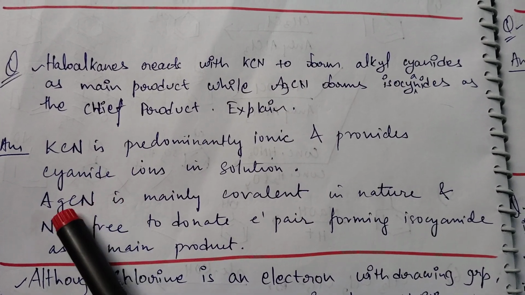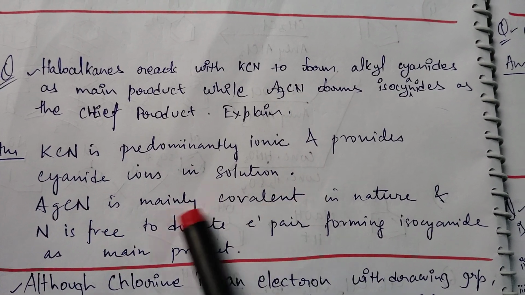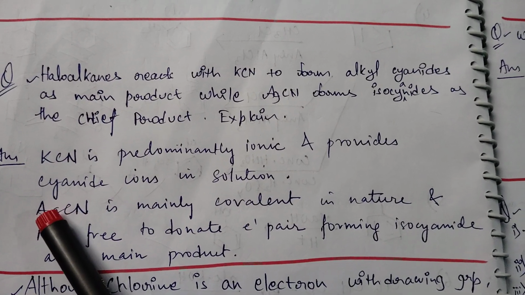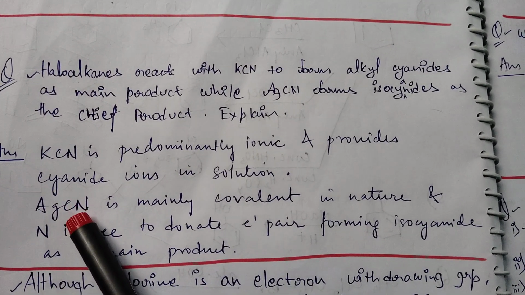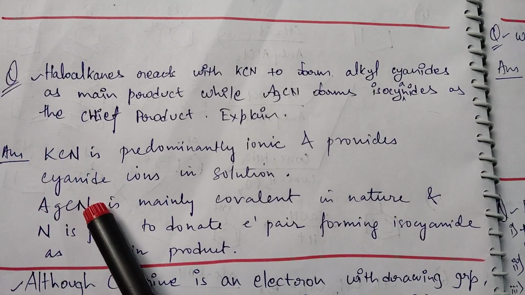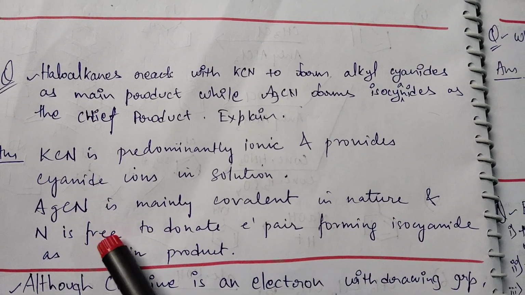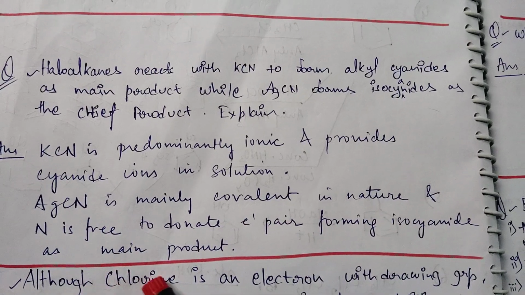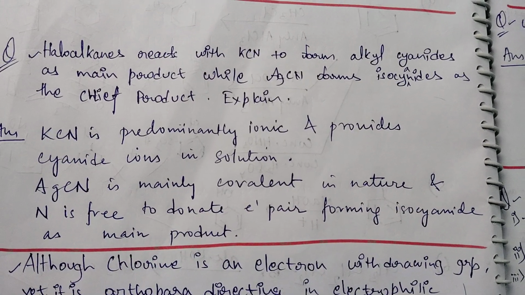In AgCN, the bond is covalent, which is strong. So Ag is attached to carbon, and carbon is not free to attack. So the attack is from nitrogen, and nitrogen is free, and isocyanide is formed as the major product.